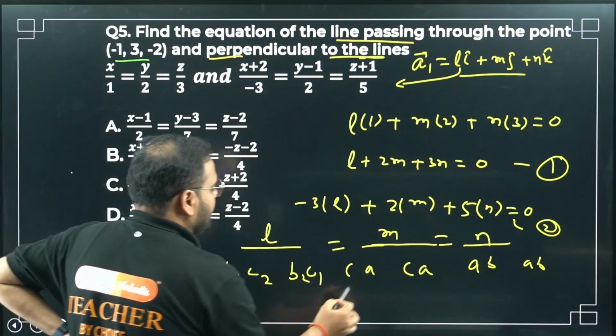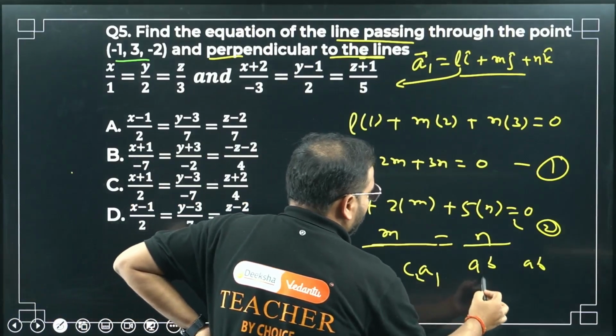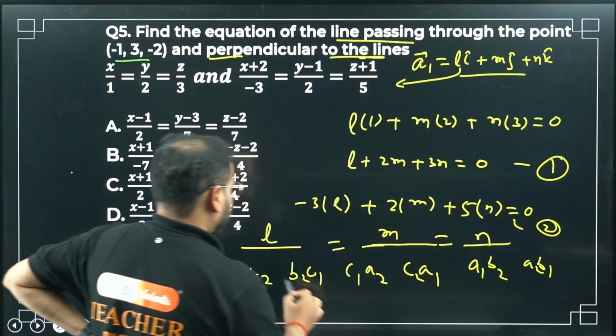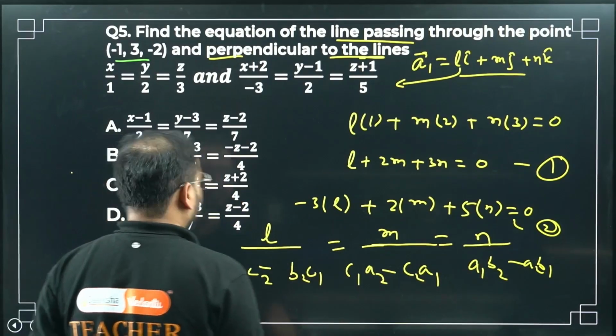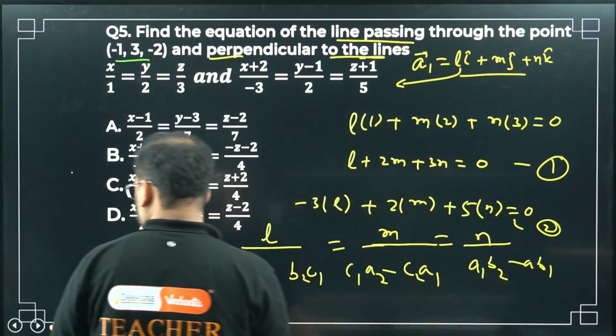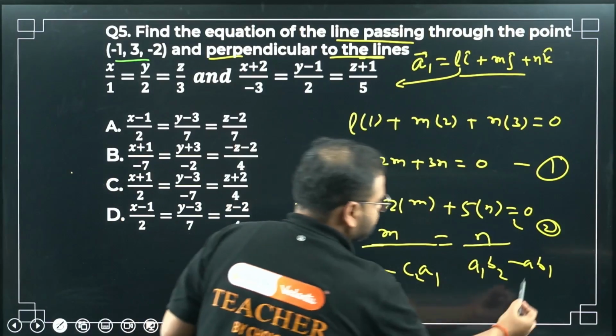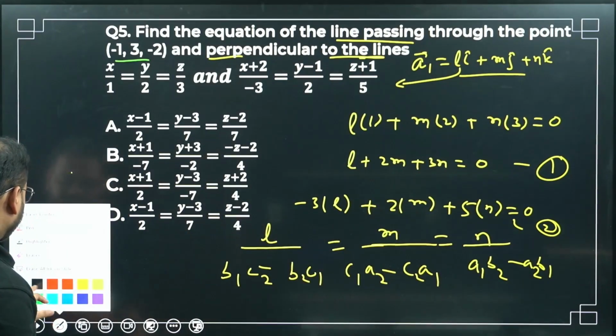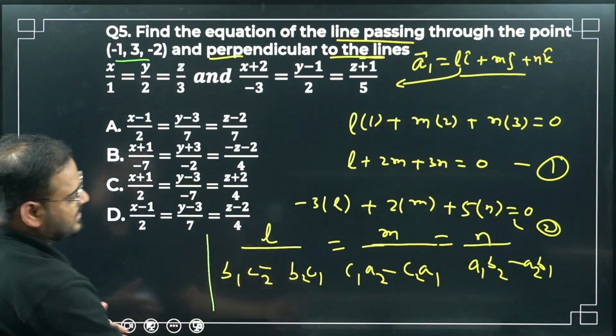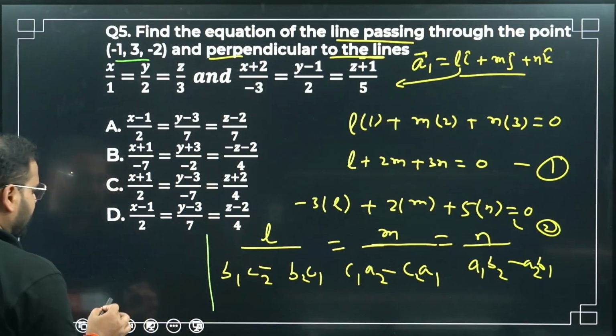Check here: 1 2 2 1, 1 2 2 1, 1 2 2 1, with a minus sign. I don't have enough space on this side, and I don't want to go to the next slide, so let me write it on this slide anyway.